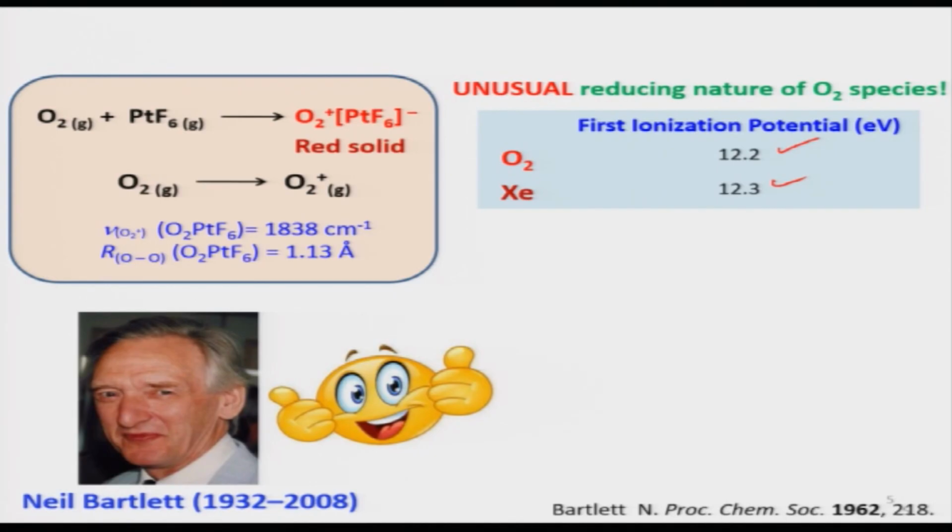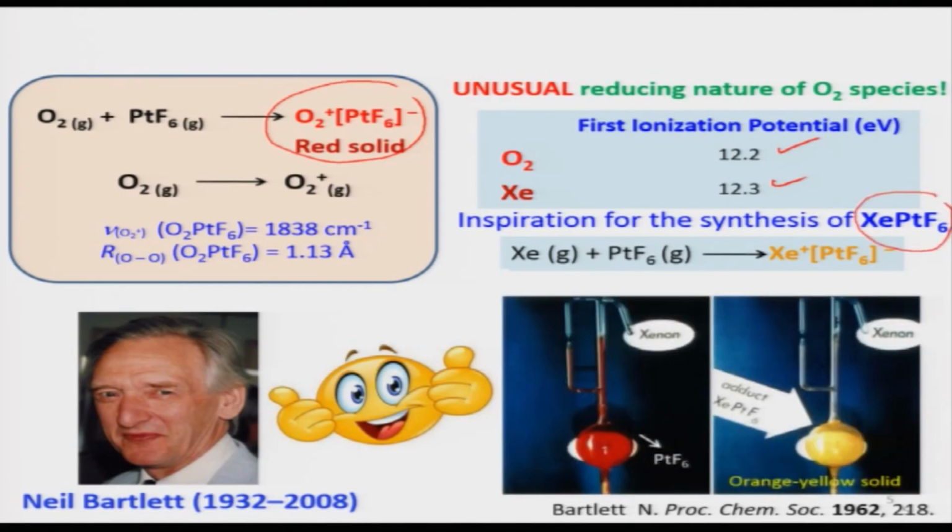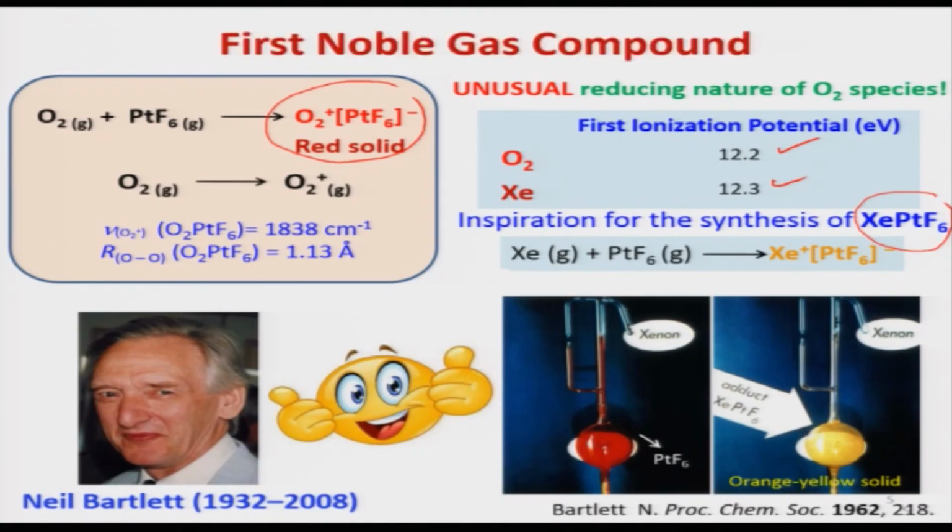Having seen this first ionization potential, he successfully isolated O2PtF6 as a red solid. It inspired him to look for the synthesis of a very similar molecule, XePtF6, which he achieved. The xenon gas and PtF6 gas form a beautiful orange yellow solid, and this was the first noble gas molecule synthesized in the laboratory.